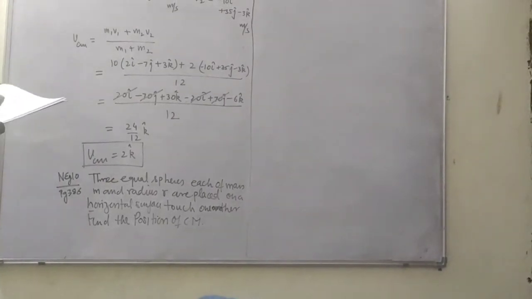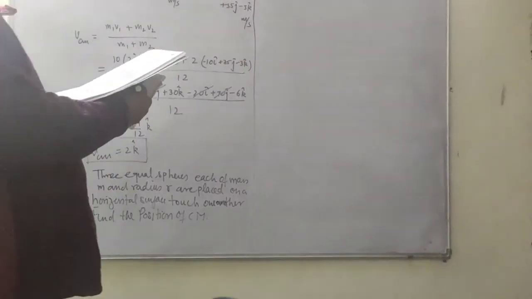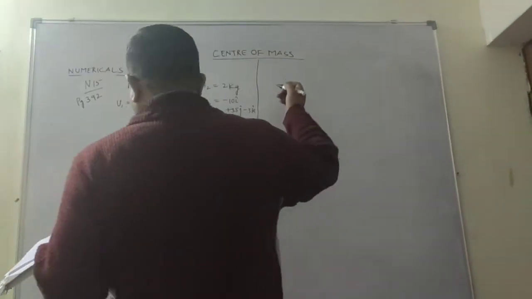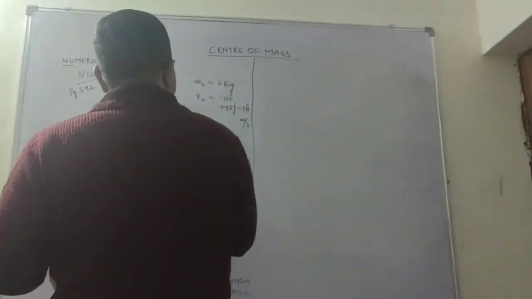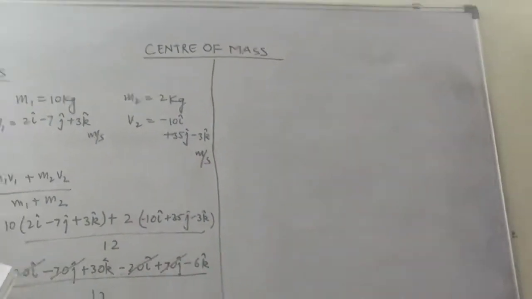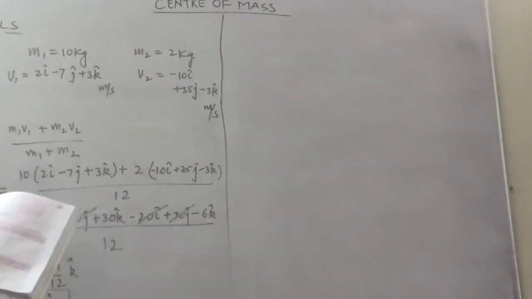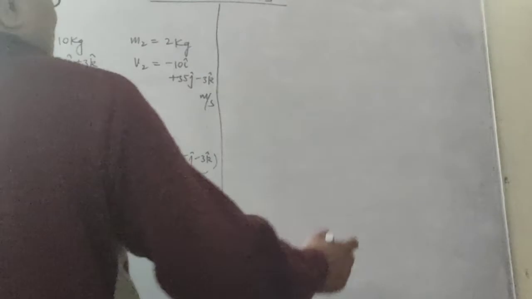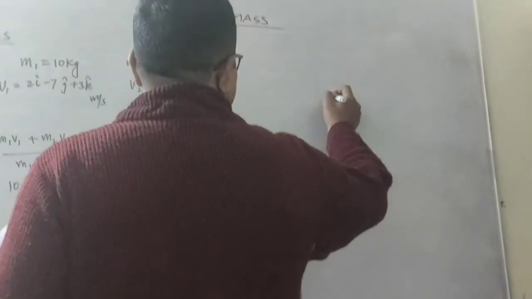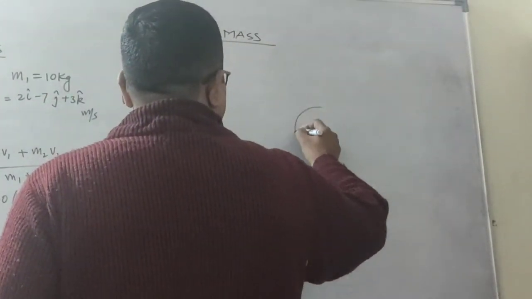In the old books, this is given as a numerical problem, but here it is already solved, but I am using my concept, which I know. Now here you need to understand the diagram. All the three spheres are of identical nature, that is, they have same mass, same radius, and all three are touching each other. So let me make a diagram.